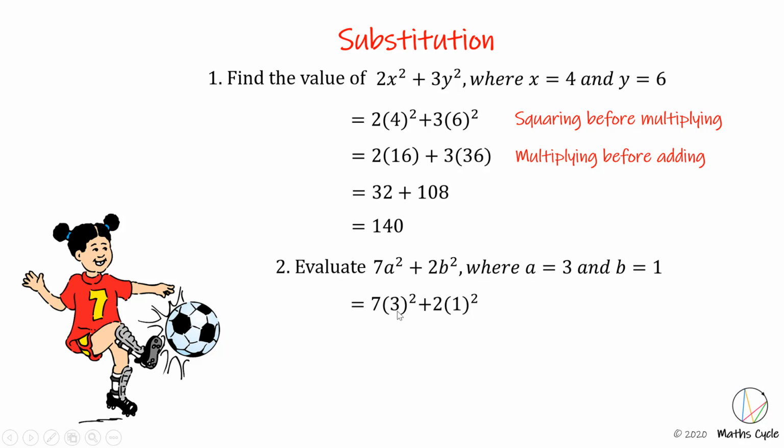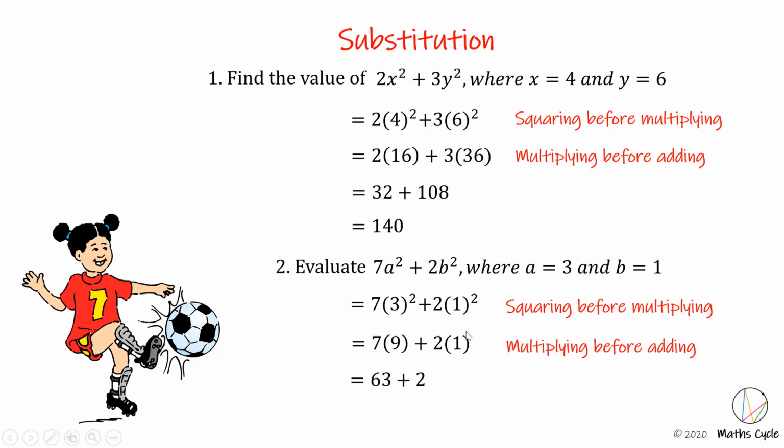Okay, so remember, we have to square first, then multiply, then add. So let's do our squaring first. So 3 squared is 9 and 1 squared is 1. Remember, 1 multiplied by 1 is 1. Now we can multiply, so 7 times 9 and 2 times 1. So that's 63 add 2. And now we can add, so 63 add 2 is 65.